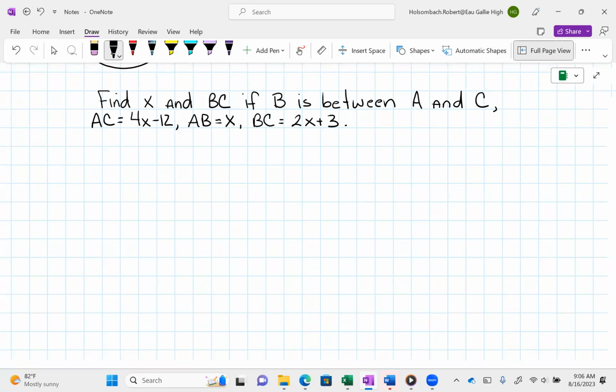So our next step would be to draw this diagram. B is between A and C. So we're going to make this segment endpoints A and C. We're going to put B between there.